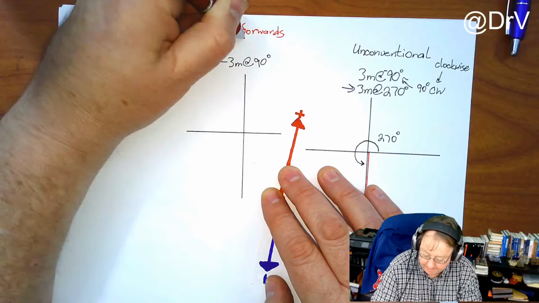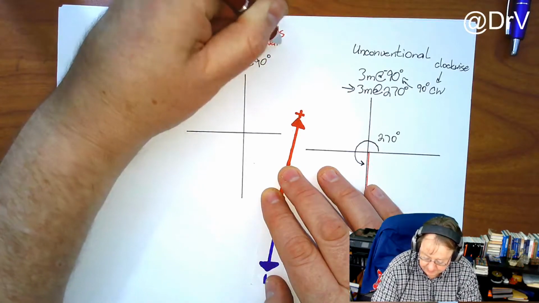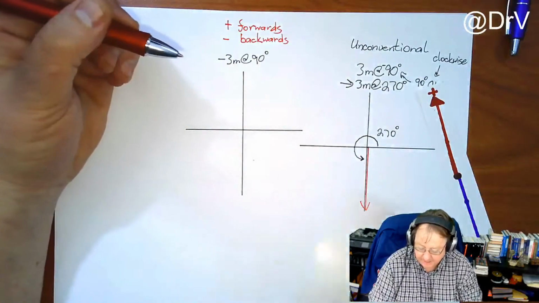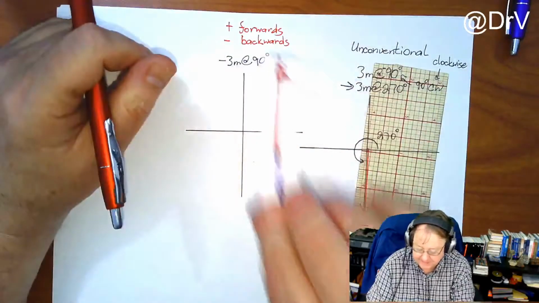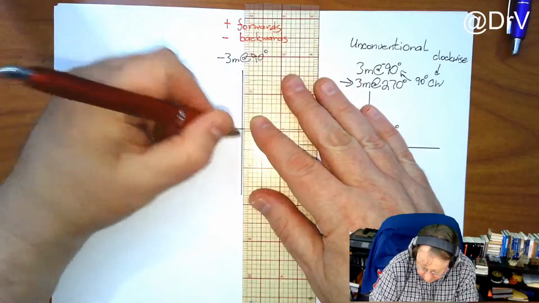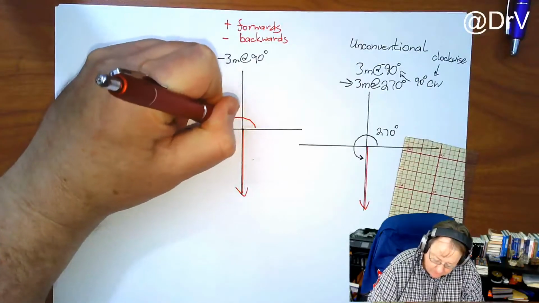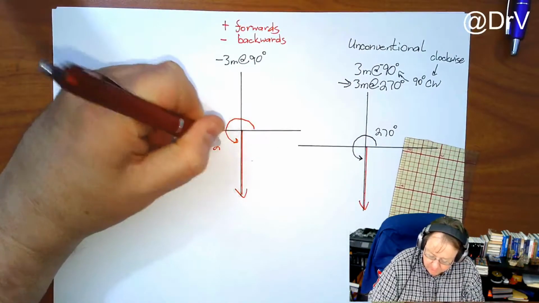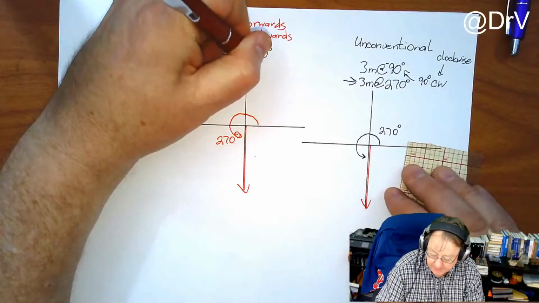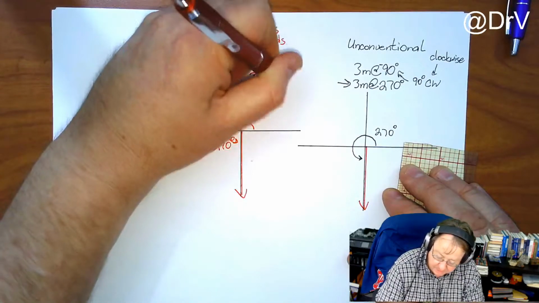Negative, backwards. And so you go 3 in the negative direction when the tool is at 90 degrees. So you go backwards. And so again, you end up with 270 degrees. And converting it into a conventional vector, you just look at it and go 3 meters at 270.